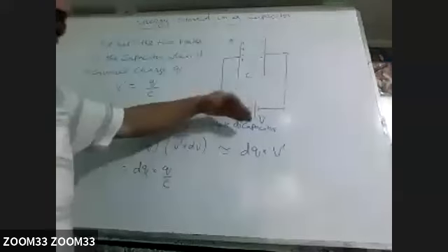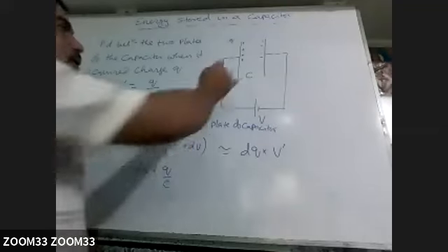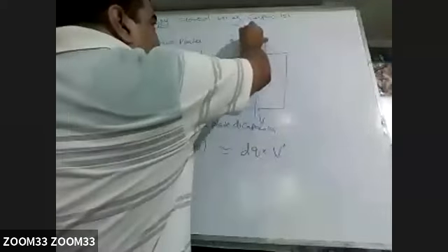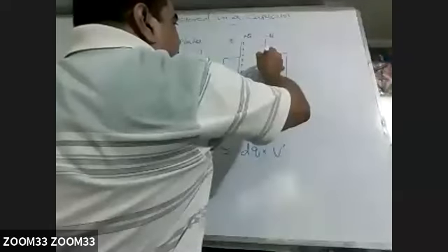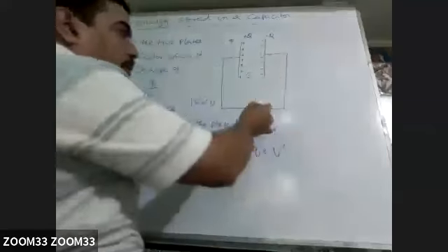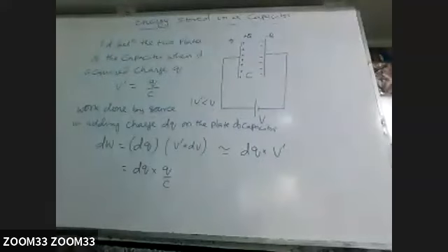Now this way it will keep on adding charge until it comes to the equilibrium position, and at equilibrium suppose this plate has plus Q charge and the other has minus Q charge. So naturally the potential difference will become equal to that of the source.